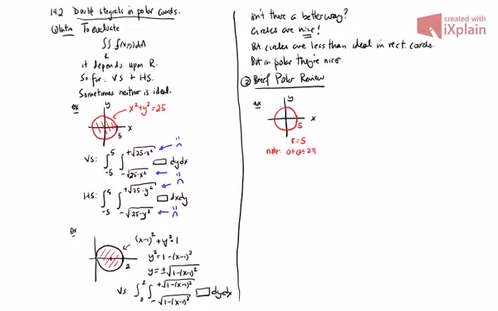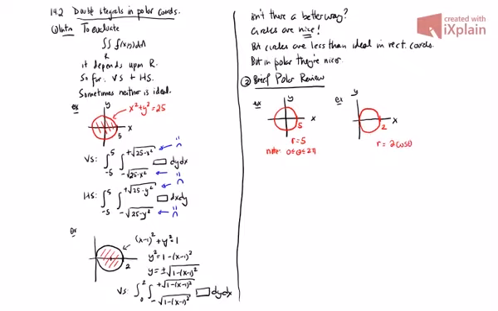The second circle that we have here, the one lower down, this guy, it's also not so bad. Let's say it goes out to 2. There's the circle r equals 2 cosine theta.